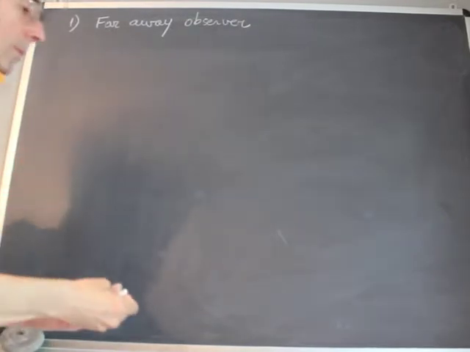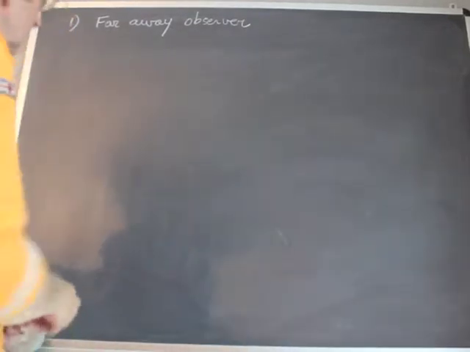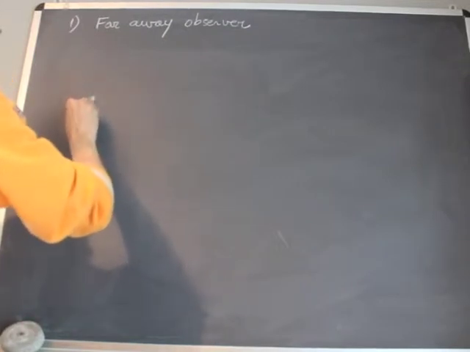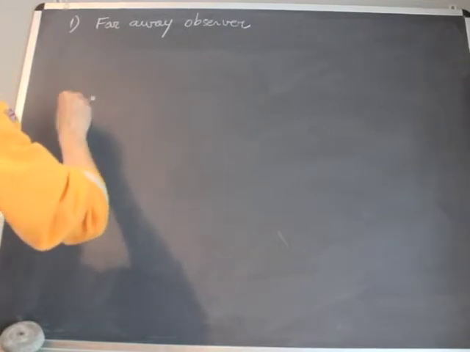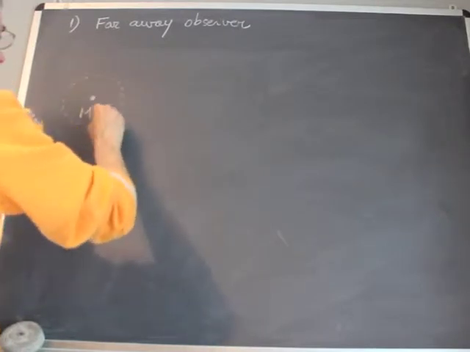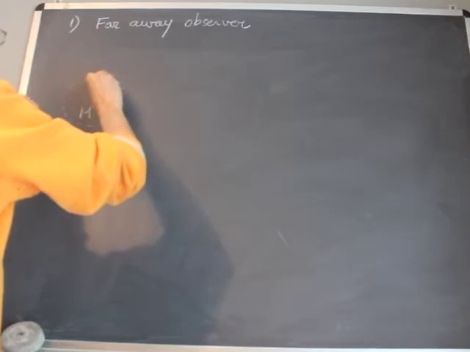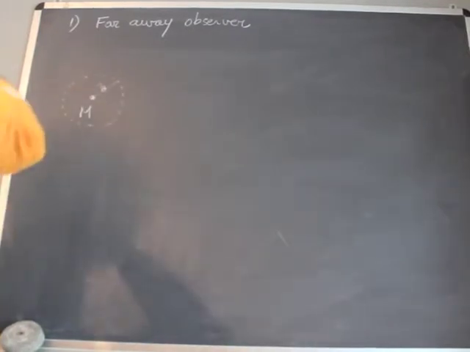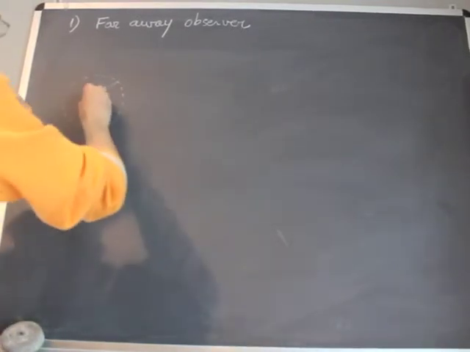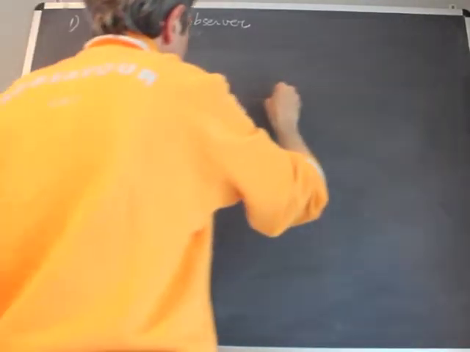We know what it is. It is exactly this situation. Suppose that this is the central mass, the black hole, and this is the RG sphere, the event horizon. And let's go in a radial direction.